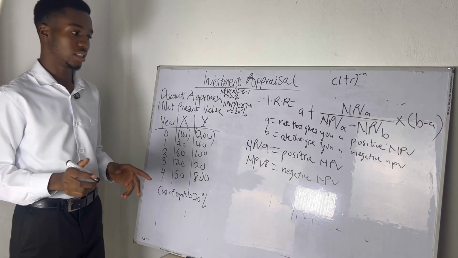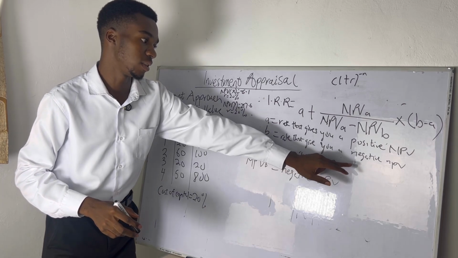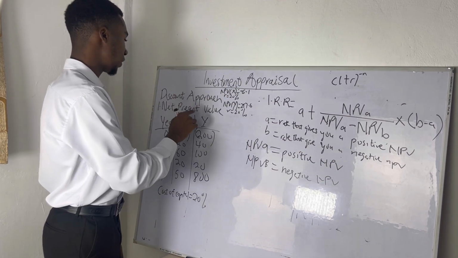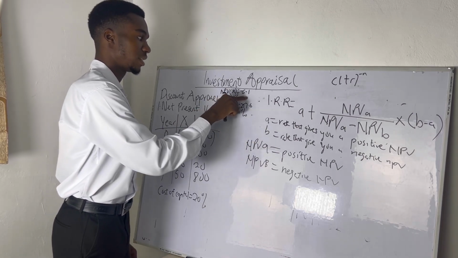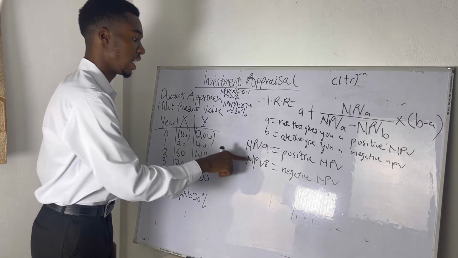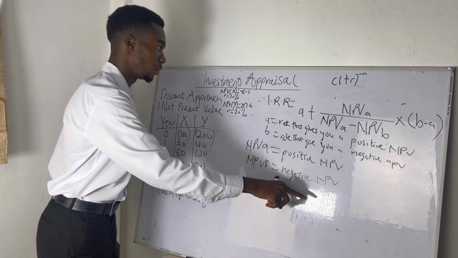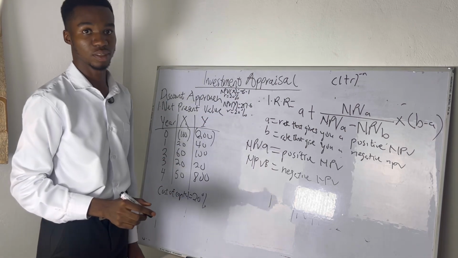I hope you guys get it. B is the rate that gives you the negative NPV, and this 20% gives us a negative NPV here. So for investment X, our B will be 20% because that's the rate that gave us the negative 6.1, and our NPV B, which is a negative NPV, is negative 6.1.